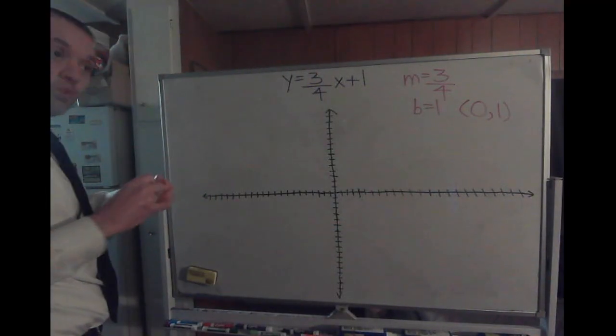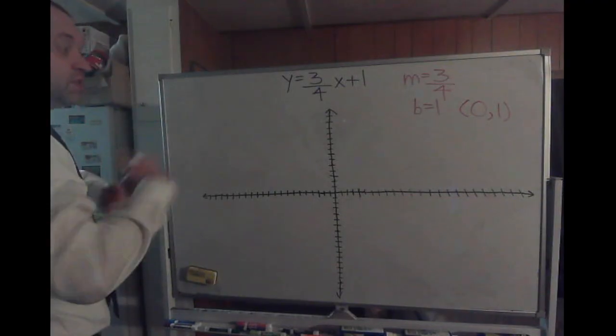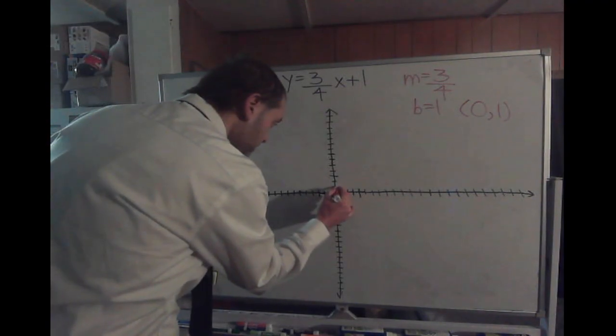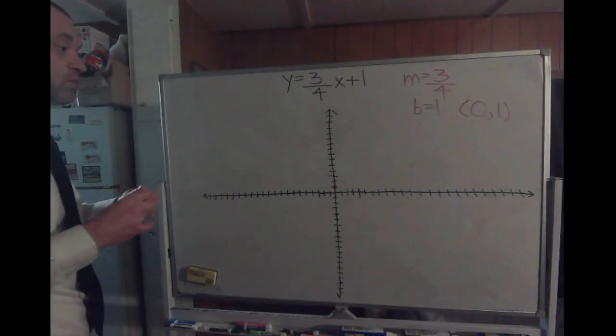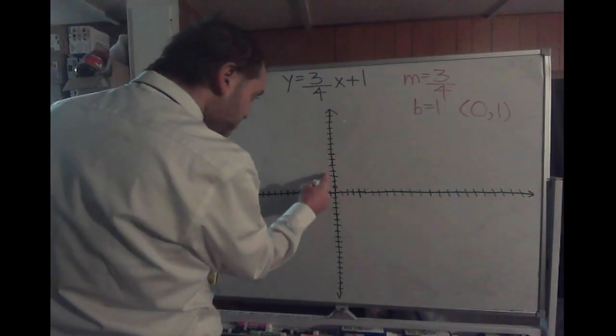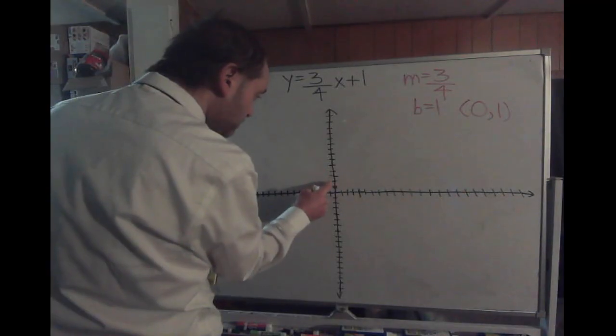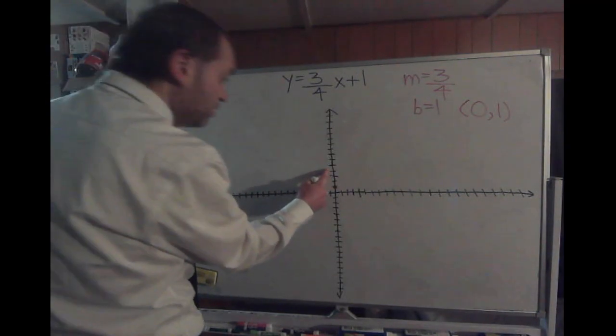So now we know the y-intercept and our slope. Let's go ahead and plot points. So start at 0, 1, your y-intercept. Now your slope is 3/4. So what's going to happen is you're going to rise 3, which would put you at, let's see, 1, 2, 3. That puts you at 0, 4. And then go over 4.